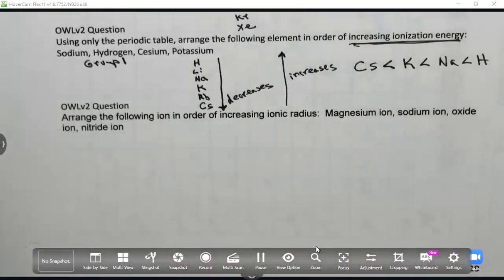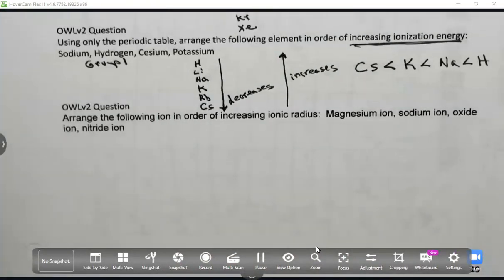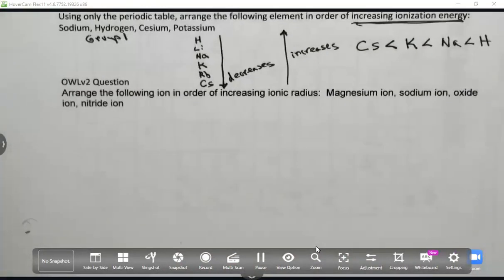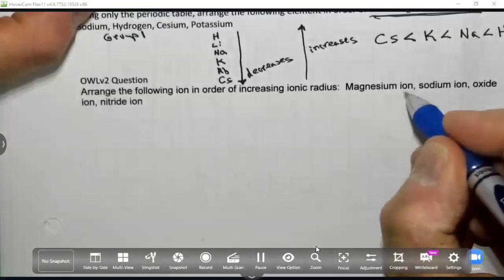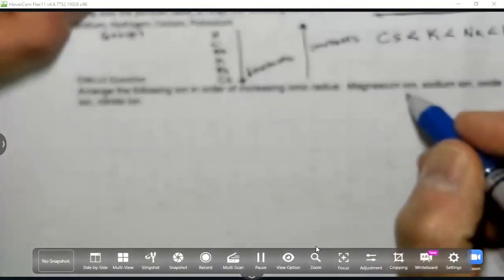Well, here's an OWL question. We have the magnesium ion. What are they talking about?